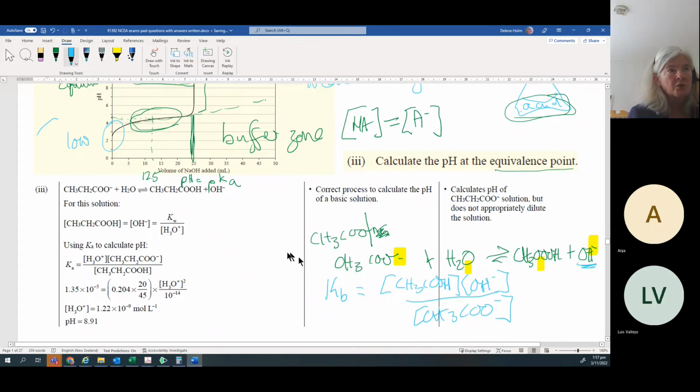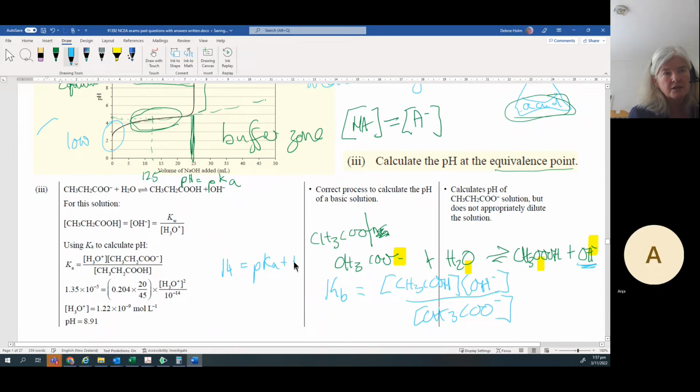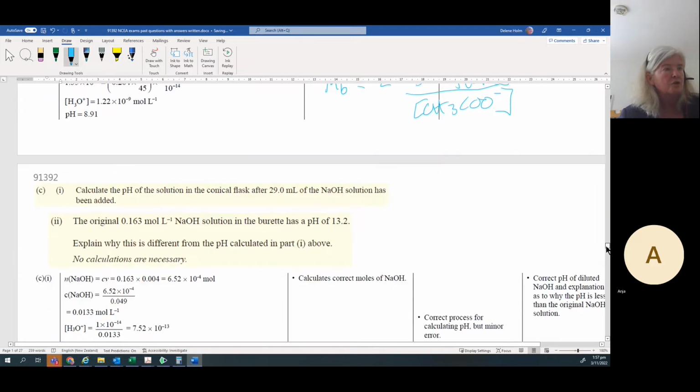Now what you would have to do is, because you were given the pKa, remember 14 is equal to pKa plus pKb. So if you know the pKa, you know 14, you can work out pKb, and therefore the Kb.